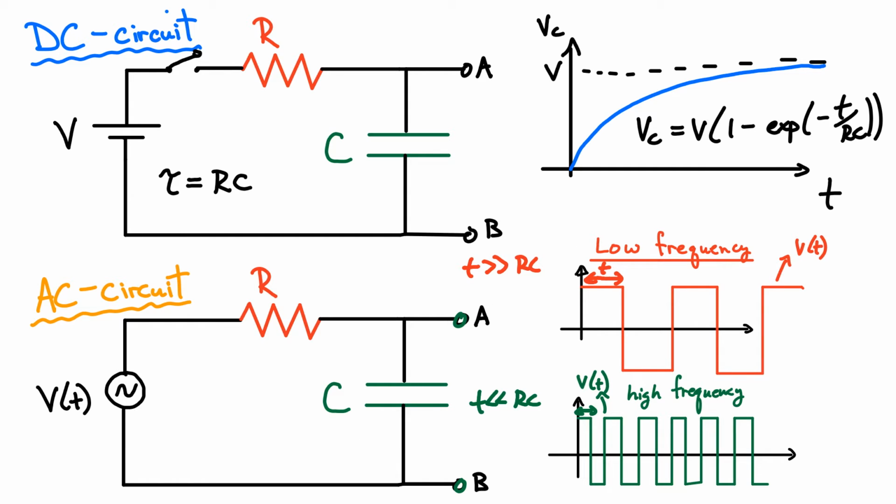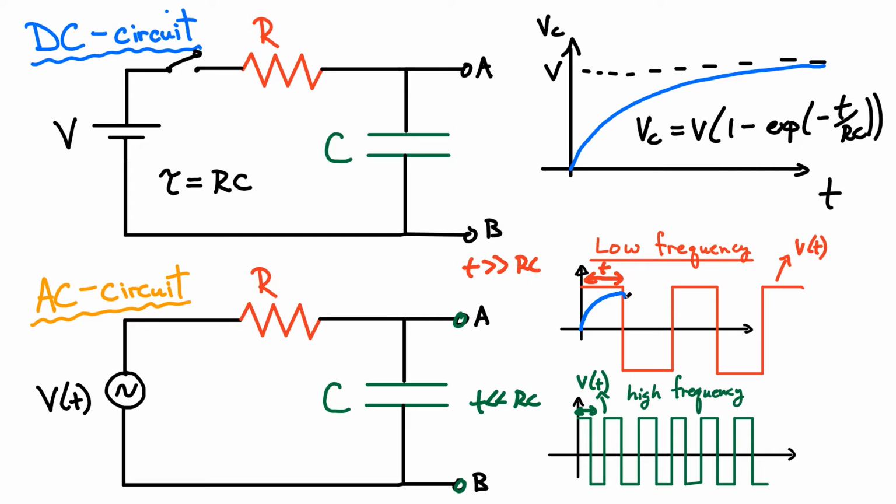So now if I'm going to plot the voltage across the capacitor as a function of time, basically it's going to look like this curve over here. Especially if where I have constant voltage is long compared to RC, it means I'm almost reaching full saturation across that capacitor. And once I get to this point, now I switch.